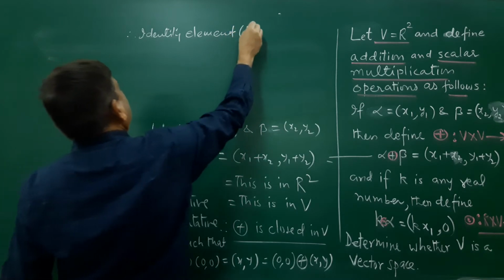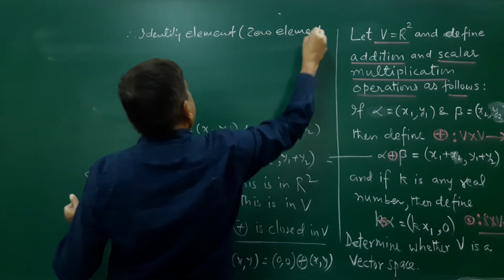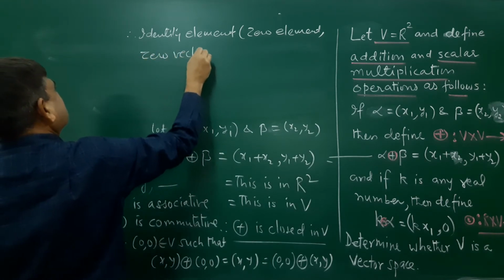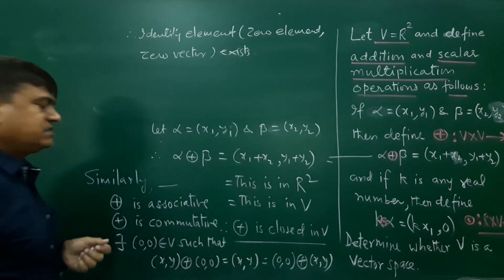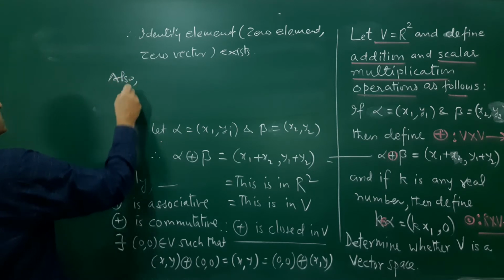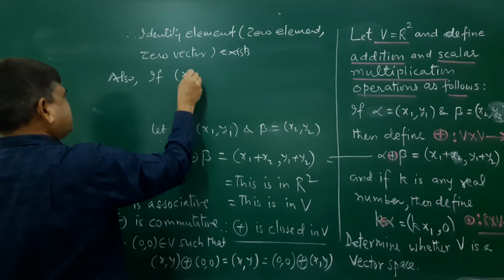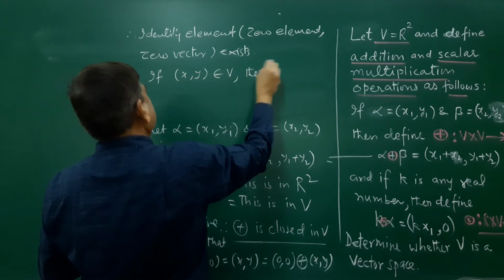Identity elements or zero elements, the zero vector exists. Okay. Also, if this, then this.